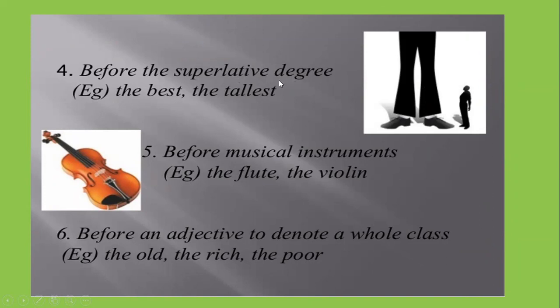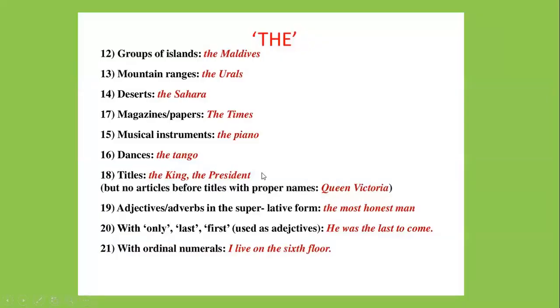We use "the" before musical instruments: the flute, the violin, the guitar, and to denote a whole class. Also, we use "the" before magazines like the Times of India, the Arab News, the Deccan, before some titles, and before ordinal numbers, the sixth, the fifth.